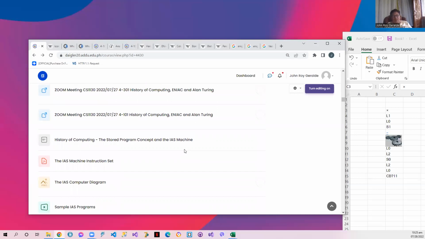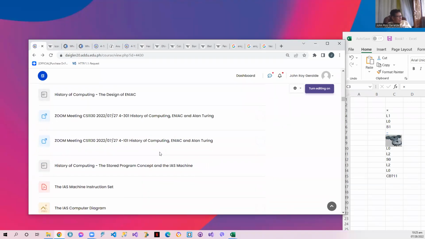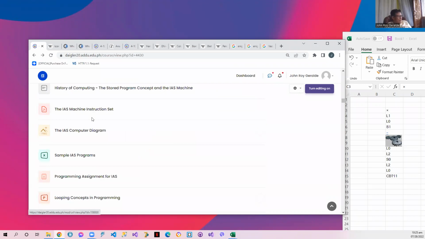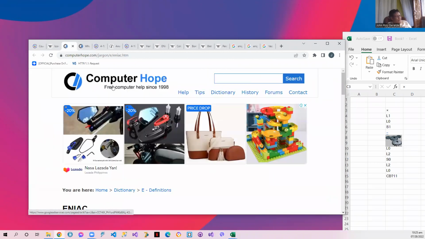During those times, there were two classes: the Harvard class, which is Mark I, and the Princeton class, which is IAS. We will describe what the stored program concept is all about, and we will look at the structure of the IAS computer. All computers nowadays are based on the stored program concept.